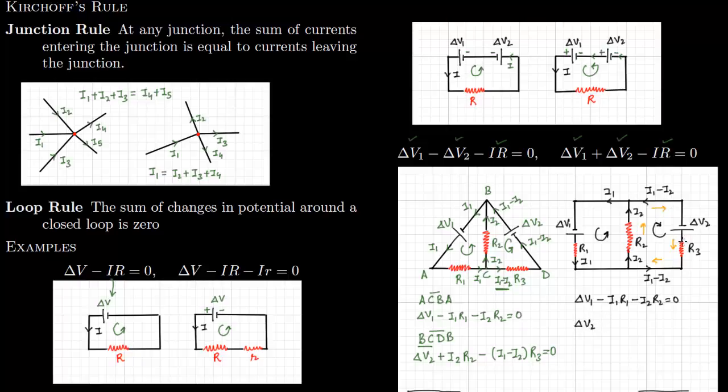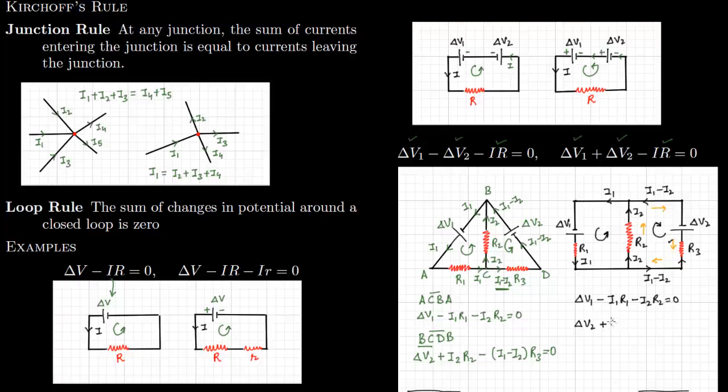Then the current we encounter in this passing through R3 is I1 minus I2. But I1 minus I2, as you see, this will be going like this. This is in opposite direction to our loop. So this is opposite to our loop. So we have to put a positive sign in front of it.